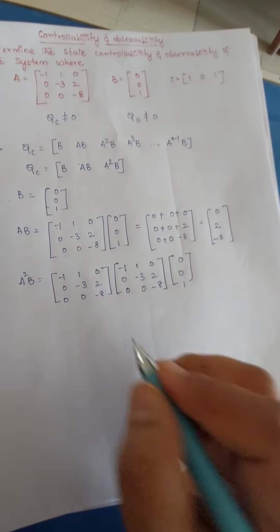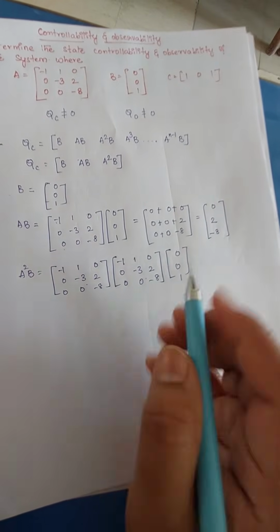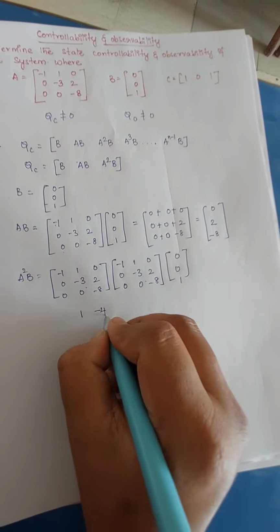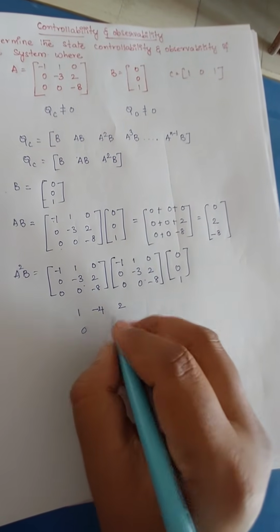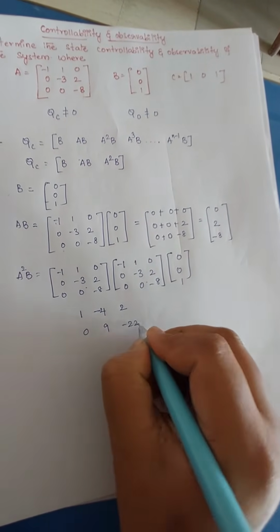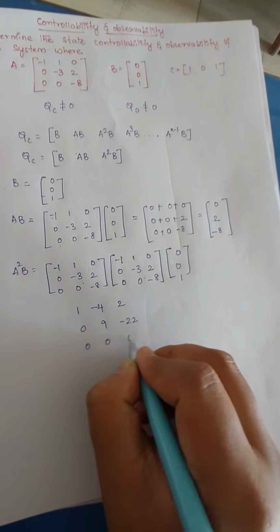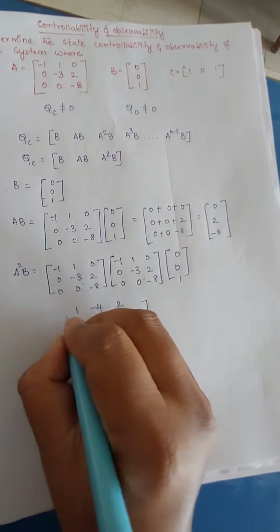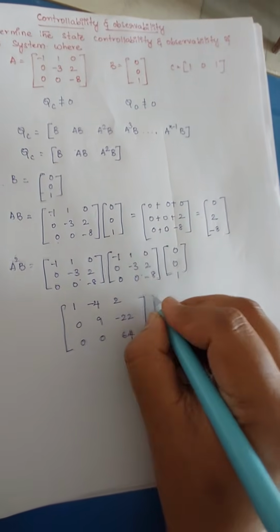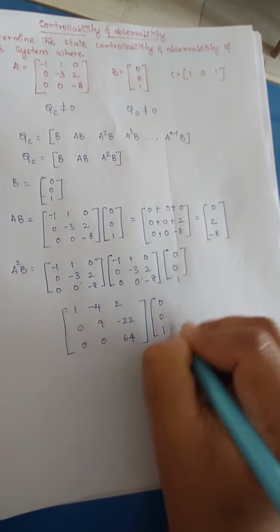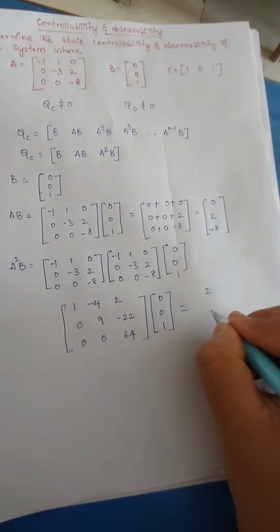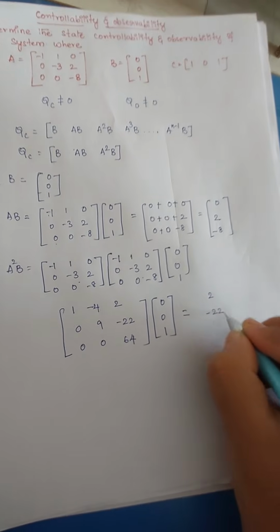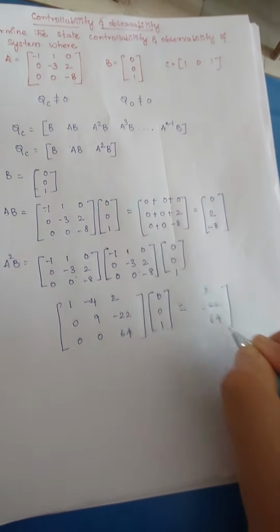Multiplying the first two matrices, we get 1, minus 4, 2, 0, 9, minus 22, 0, 0, 64. This is the A squared element. Now multiplying it with 0, 0, 1, we get the column 2, minus 22 and 64.